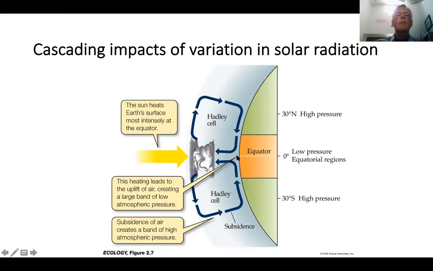So that warm air that rose up at the equator gets pushed toward the pole, gets cold, sinks right back to the surface, and then gets squeezed again back toward the equator. And this circulation of air is called a Hadley cell. It's a Hadley cell, all right? And it happens from the equator toward the North Pole, and it happens exactly the same way, equator toward the South Pole.